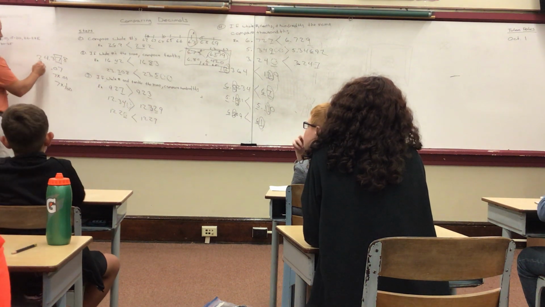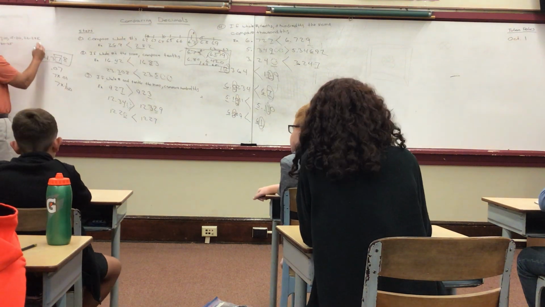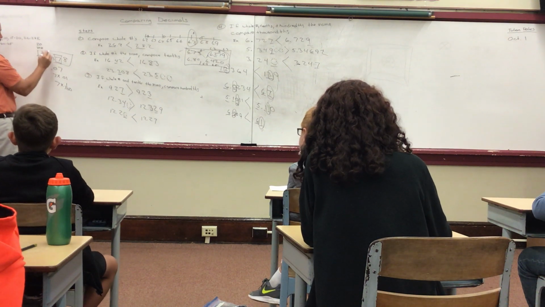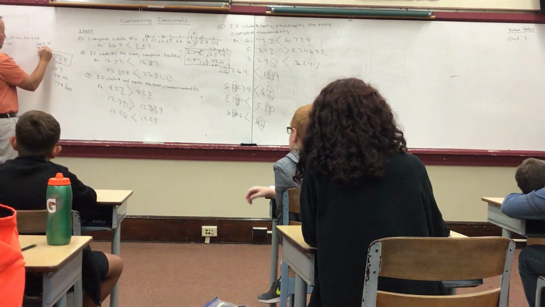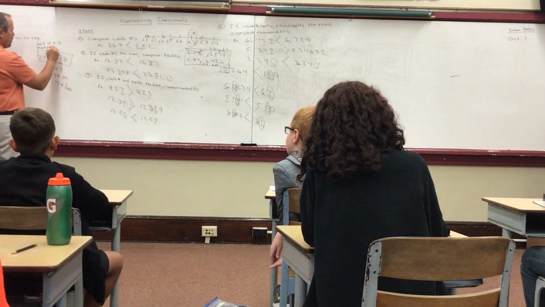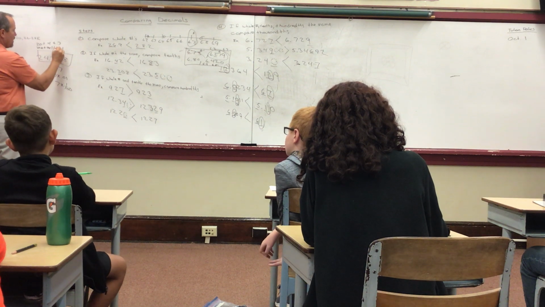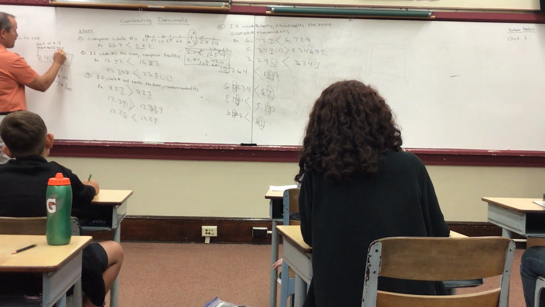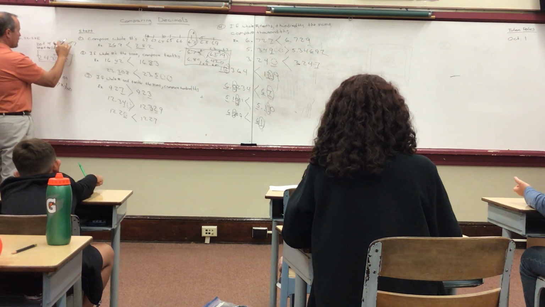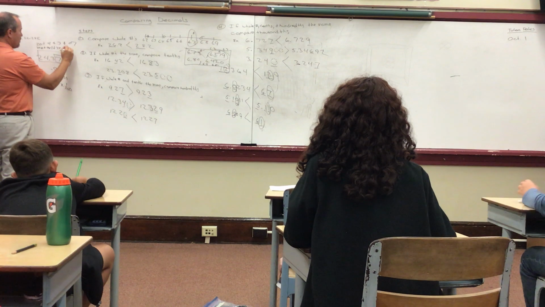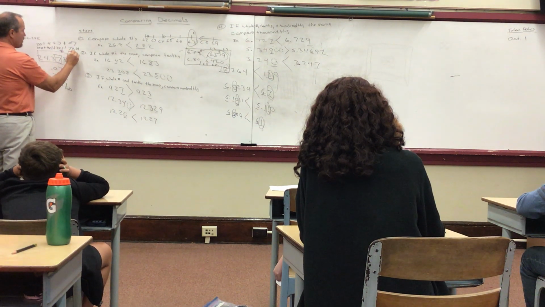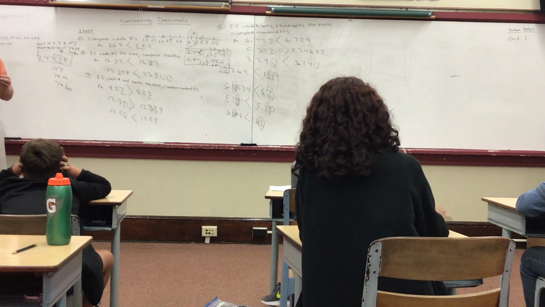You would have 2 times 10 plus 4 times 1 plus 3 times 1/10, or 3 times 1/10, and so on, 7 times 1/100 or 7 times 1/100 as a fraction, and so on. Okay? Any questions?